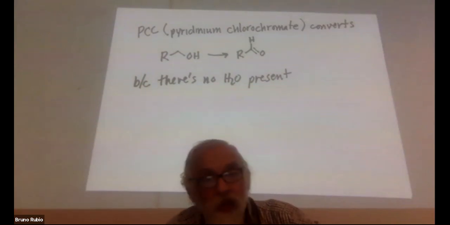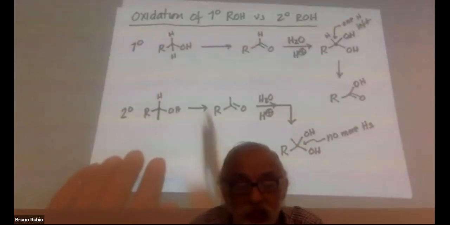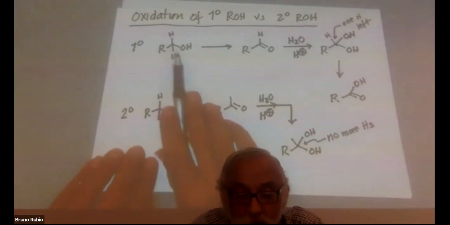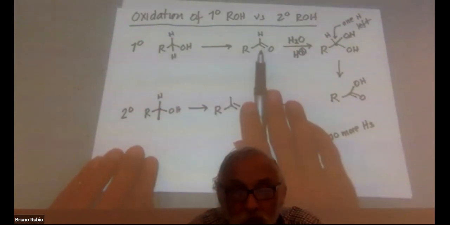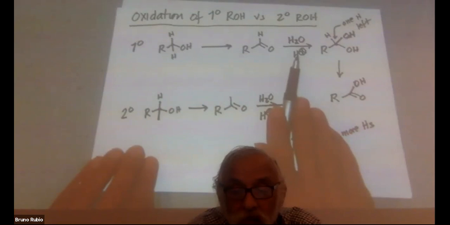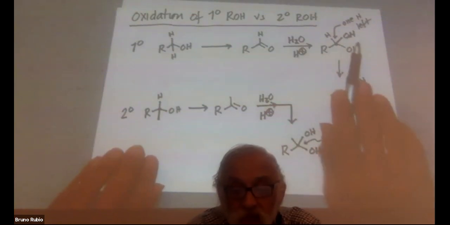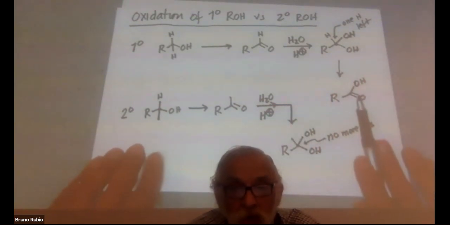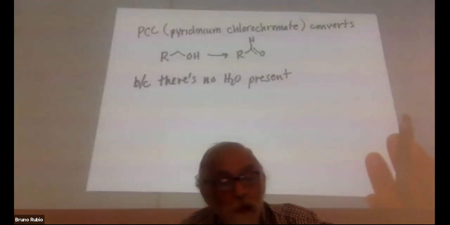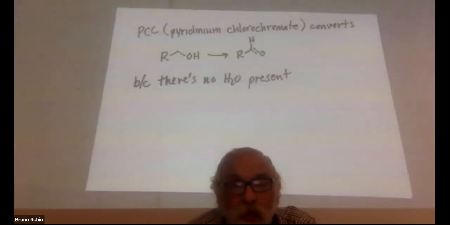So if we go back to this previous slide, we see that the primary alcohol goes to an aldehyde, and then it reacts with water and acid to form this intermediate here that goes on to form the carboxylic acid. But when we run the reaction using the specialty reagent called pyridinium chlorochromate, PCC, it's done under anhydrous conditions.